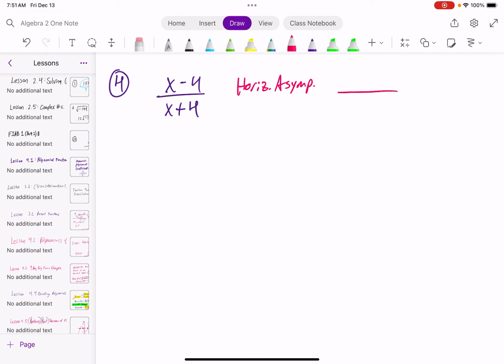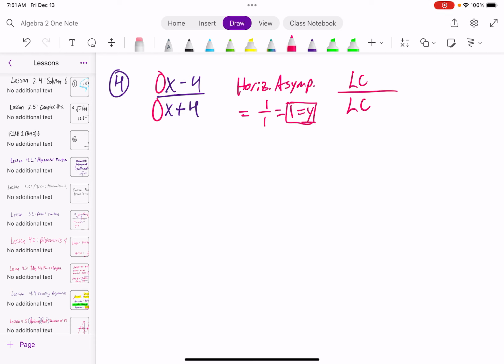It's going to be the leading coefficient of the top one over the leading coefficient of the bottom one, meaning 1 over 1. So the horizontal asymptote is 1 over 1, which is 1. That is the horizontal asymptote. So this is y equals 1.